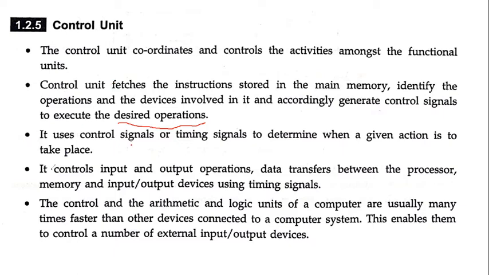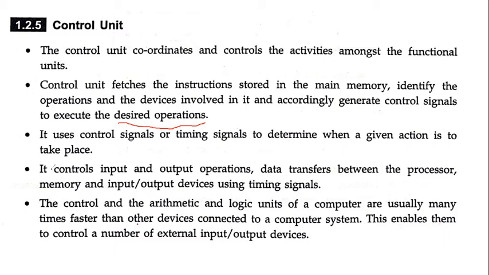It uses control signals or timing signals to determine when a given action is to take place. It controls the input and output operations and data transfer between the processor, memory, and input output devices using timing signals. The control unit and the arithmetic logic unit of the computer are usually many times faster than the other devices connected to the computer system.